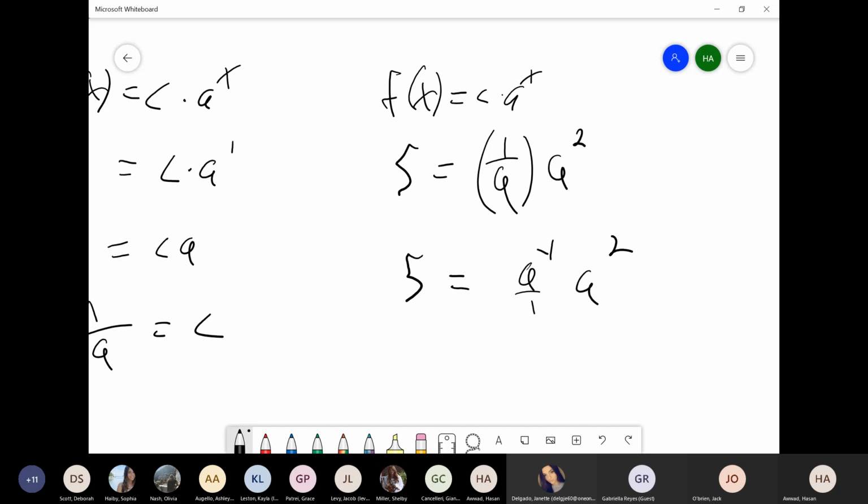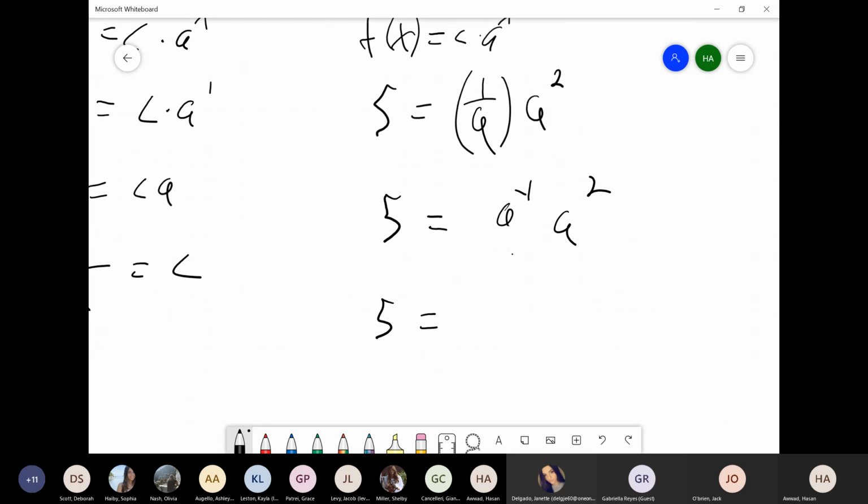And so you would have a to the negative 1 times a squared, and however you figured it out, it'll come out to be the same, because exponent rules say, great, you have the same base, you're multiplying them, you add them together, right? So a to the negative 1 times a squared is the same thing as a to the negative 1 plus 2. And when you add them together, you just get a to the first power, which is just a. So, hooray, a is equal to 5.